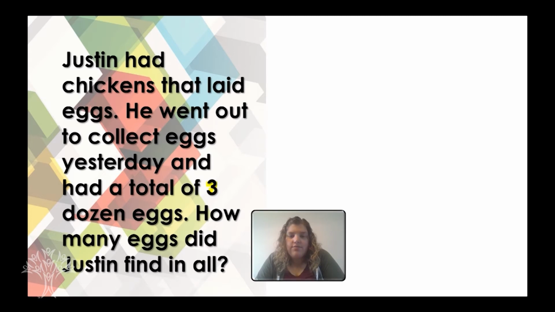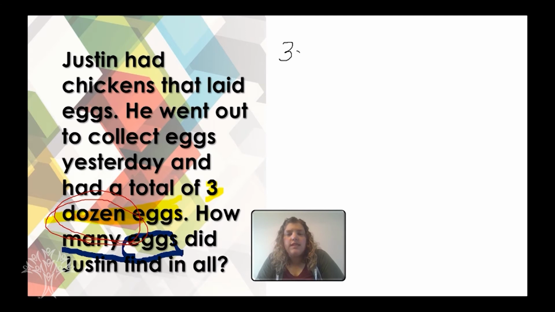I know that he found 3 dozen, and that's the only key fact that I know from that equation. I know what my question is, that it's how many eggs, so I know my answer needs to have that label of eggs on it, but there's a word in here that I need to know what it means, and it's dozen. Does anybody know when I'm talking about a dozen, how many I'm talking about?